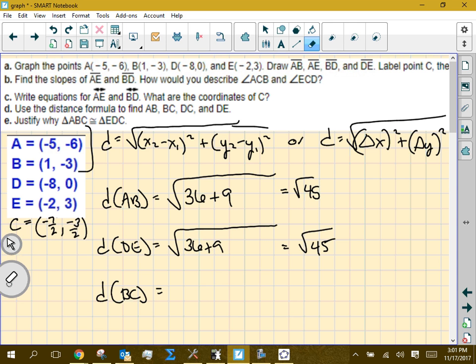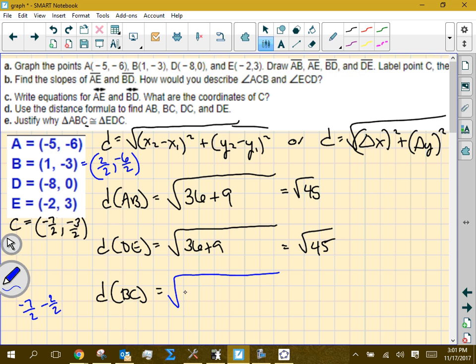So when I subtract fractions, what do I always need in order to subtract fractions? Common denominator. So I'm going to rewrite point B as 2 over 2, because that's still 1, right? And then negative 3 I'm going to write as negative 6 over 2. So now, when I subtract my x's, negative 7/2 minus 2 halves, that gives me negative 9 halves, right?